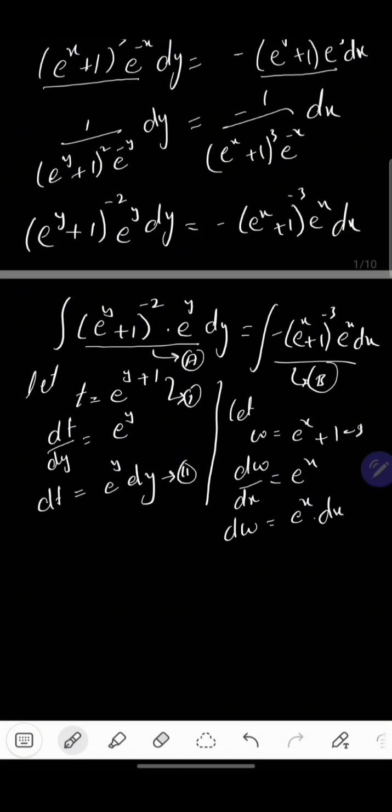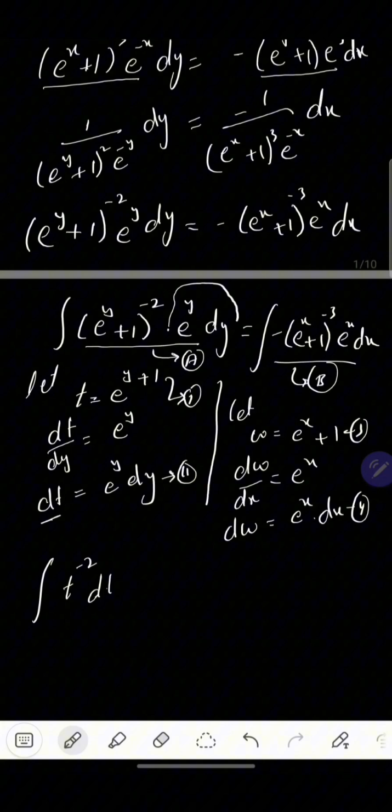Let's call this equation 3 and this equation 4. Now we replace equations 1 and 2 in term A, and equations 3 and 4 in term B. As we supposed e^y + 1 is equal to t, we put t^(-2), and we replace e^y dy by equation 2, which is dt.